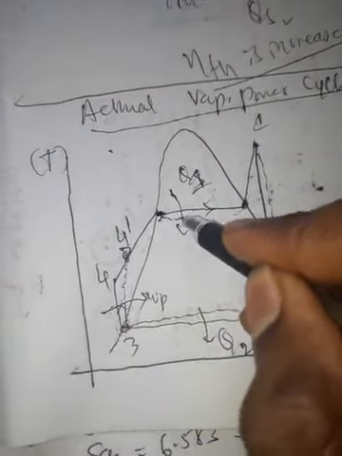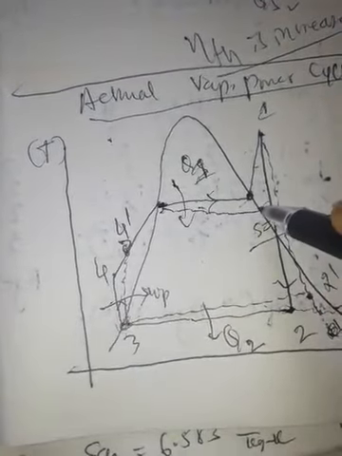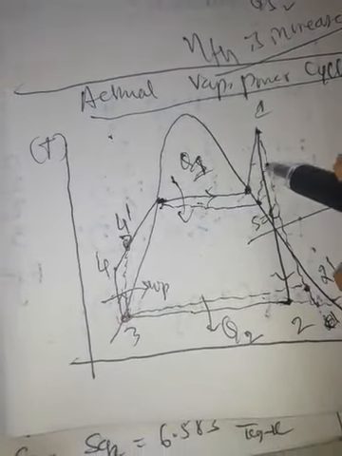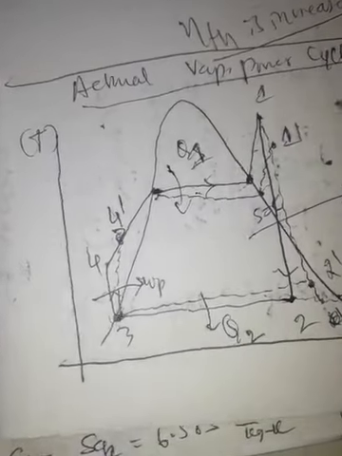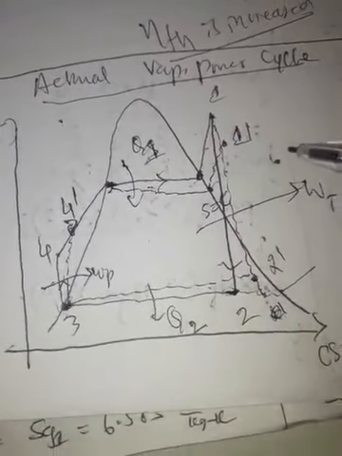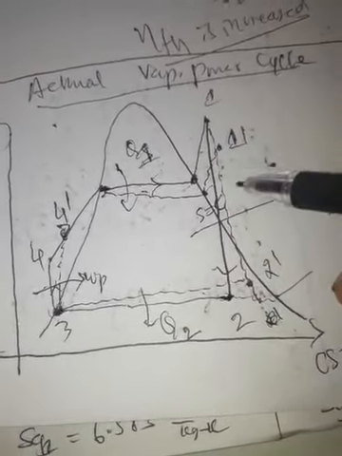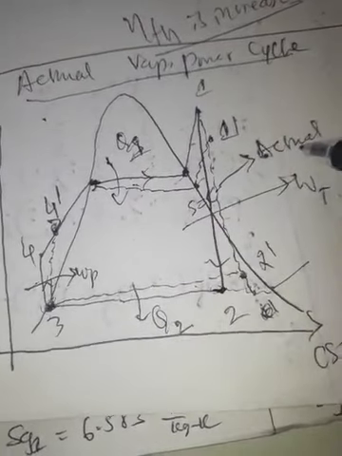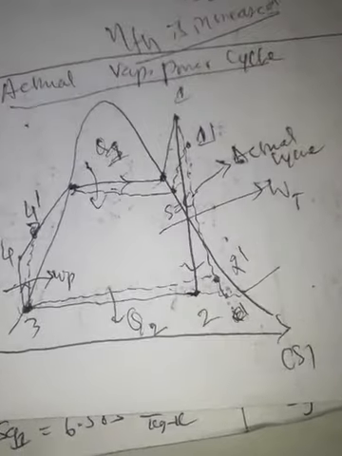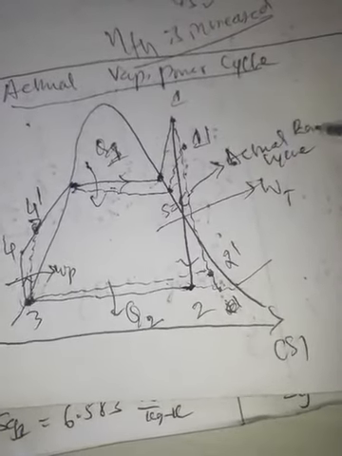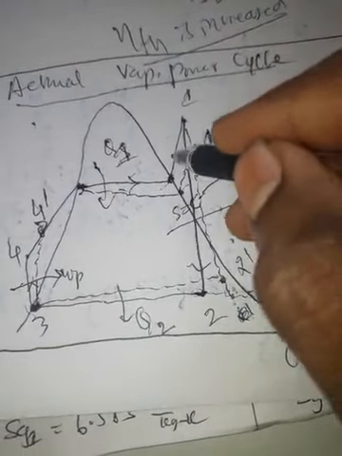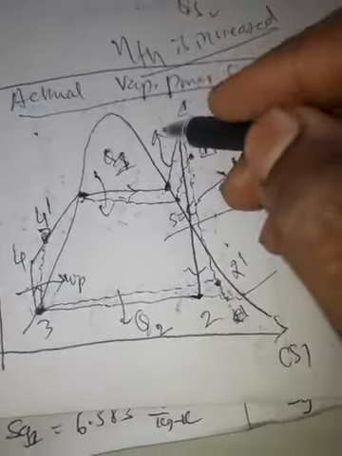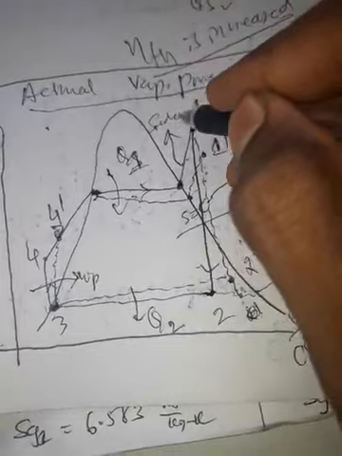So because of this there is a deviation. This is the state 1. So this dotted line represents the actual Rankine cycle, and the continuous line cycle represents the ideal cycle.